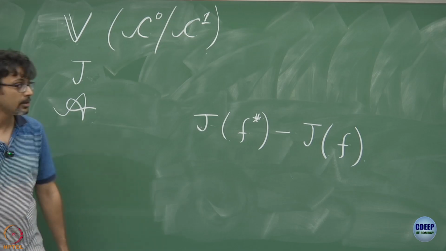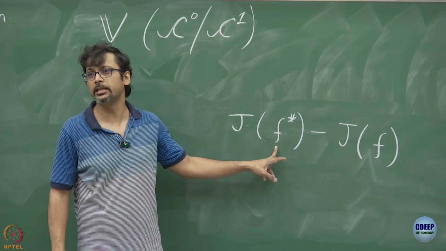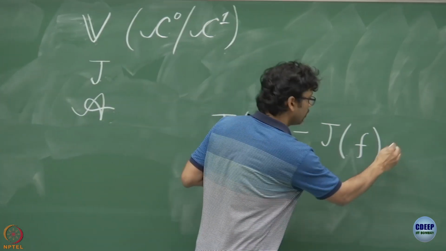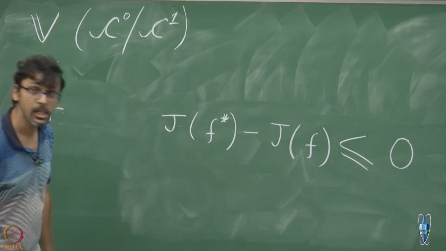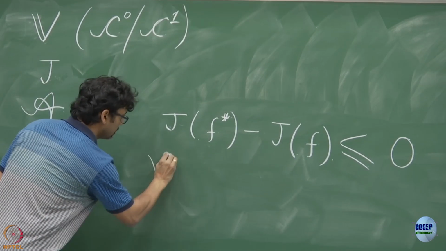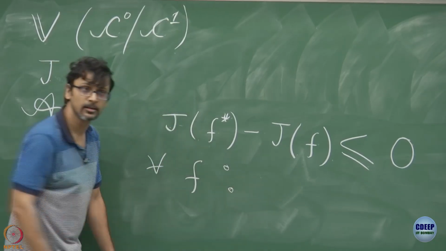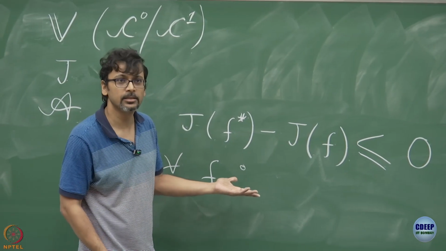What's this going to be? If F star is a minimizing candidate, what should this be? Less than or equal to 0 for all F such that, what is it? How do you translate this to the language you know?